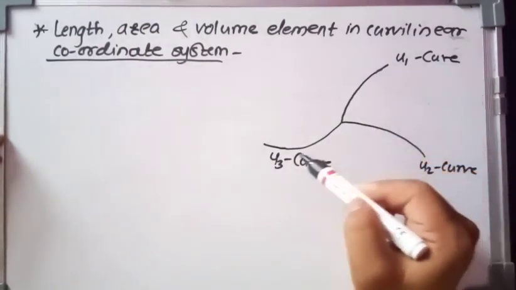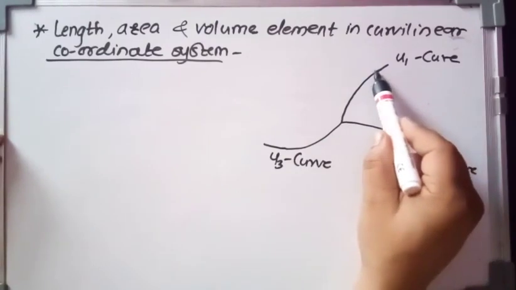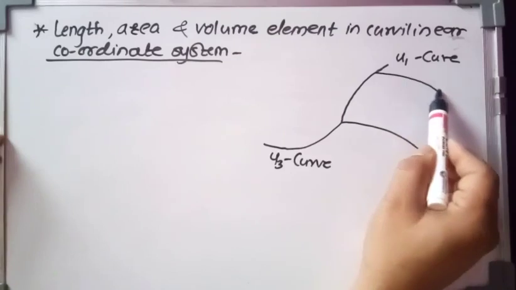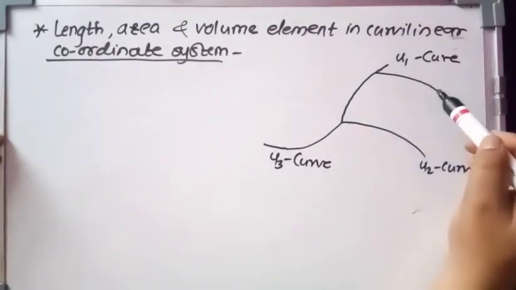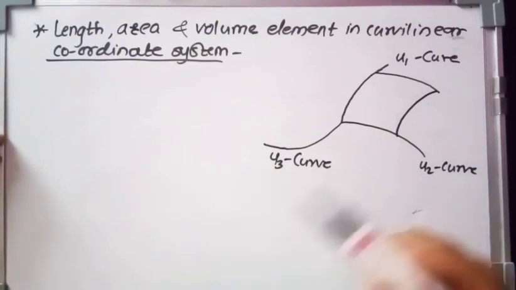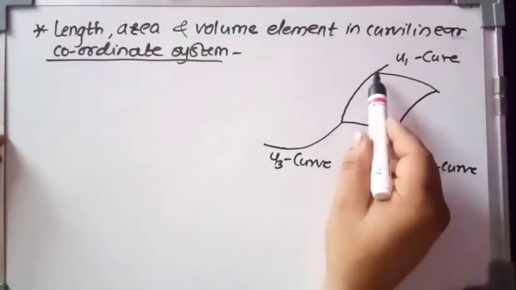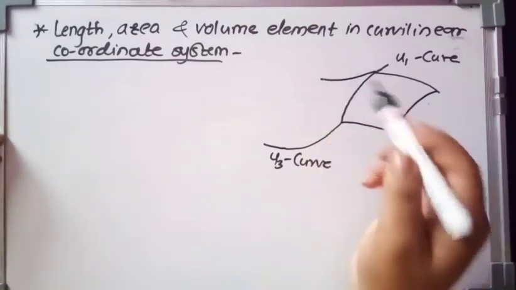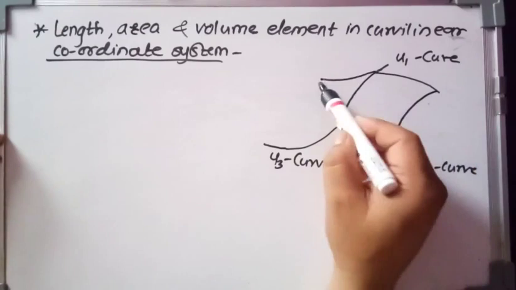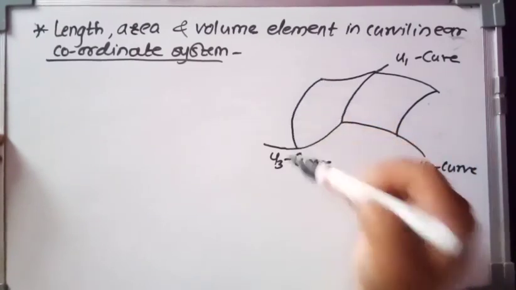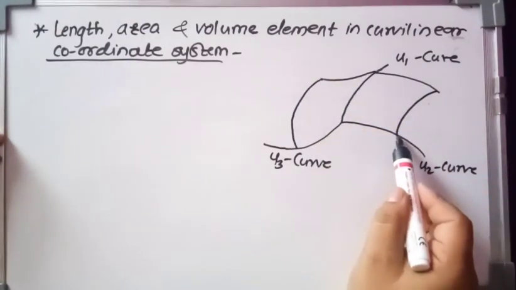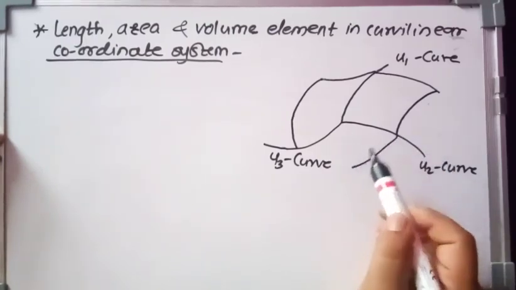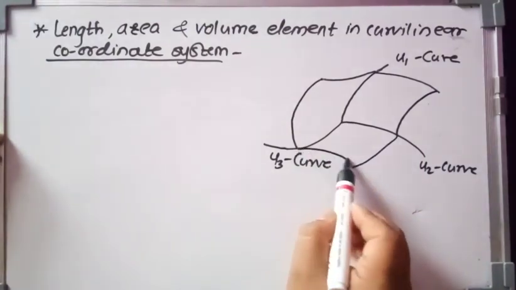We have drawn curves, now areas. Draw curve parallel to U2 curve like this. Draw curve parallel to U1 curve like this. Draw curve parallel to U3 curve from this point. Draw curve parallel to U1 curve. And draw curve parallel to U3 curve here. And draw curve parallel to U2 curve.